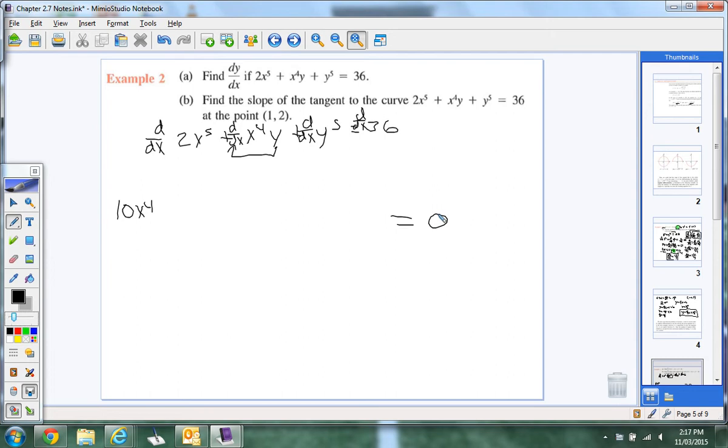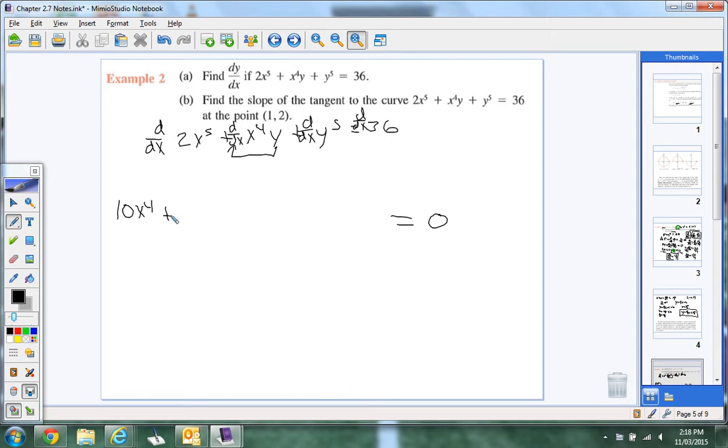Now this is where, again, organization is key. So watch. Plus, I'm going to do first, derivative of the second. When I take the derivative of y, what do I want to do? What we've been doing, d over dy. Whenever you take the derivative of y, that's when the dy dx will come out.